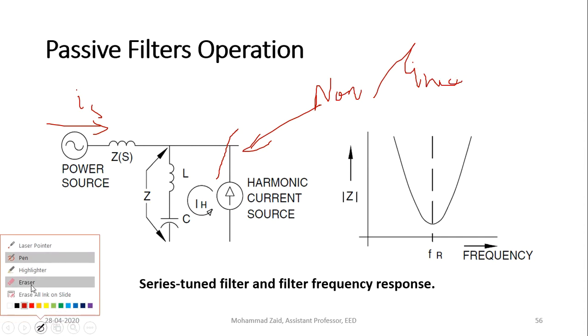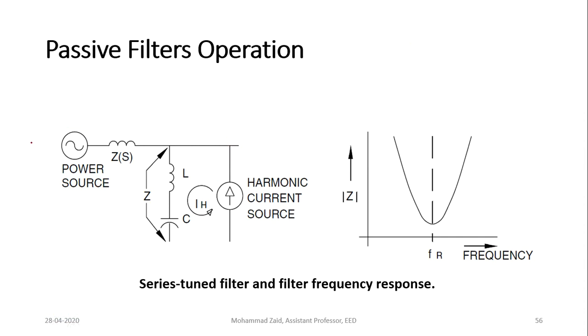So for example, this is your source current which is coming, this is the filter, and this is the harmonic current source.